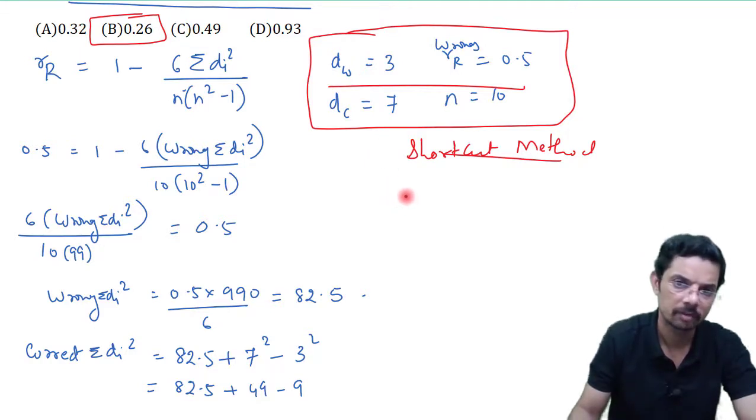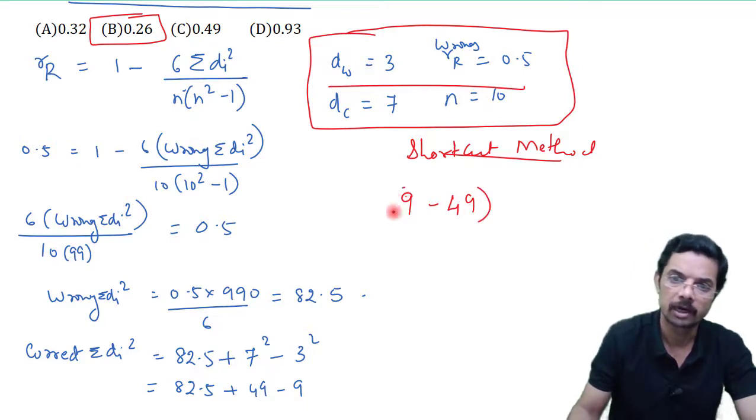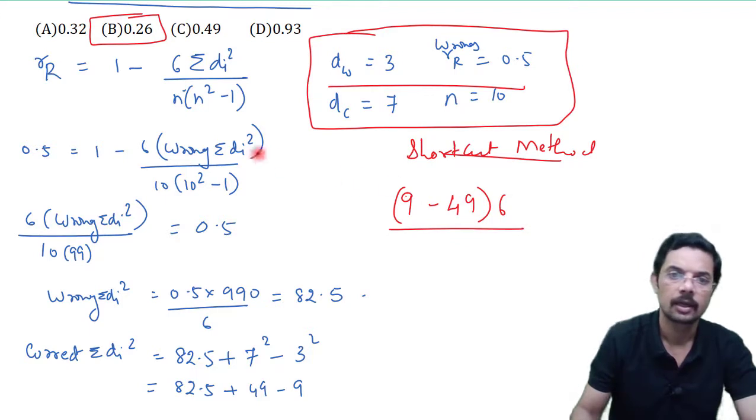First take the square of 3, that is 9, minus the square of the correct di, that is 7 sevens are 49, then multiply it by 6, you know there is a 6 in the formula, divided by n into n square minus 1, which in this case is 990.